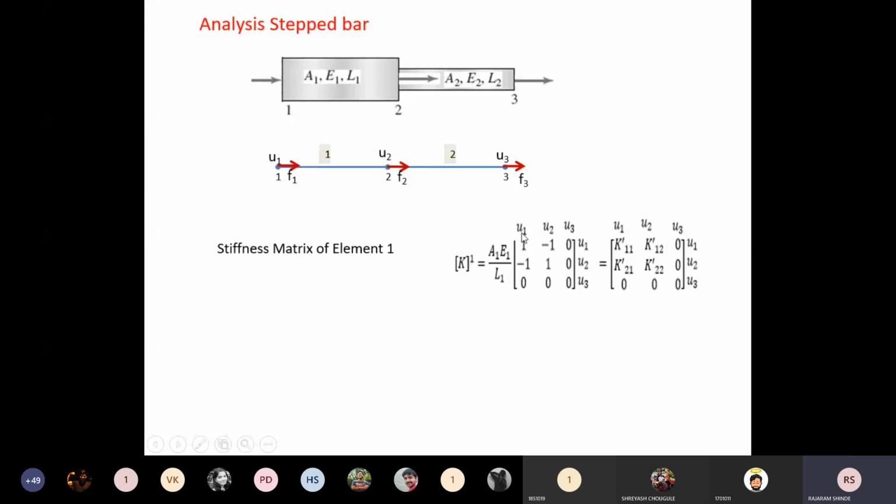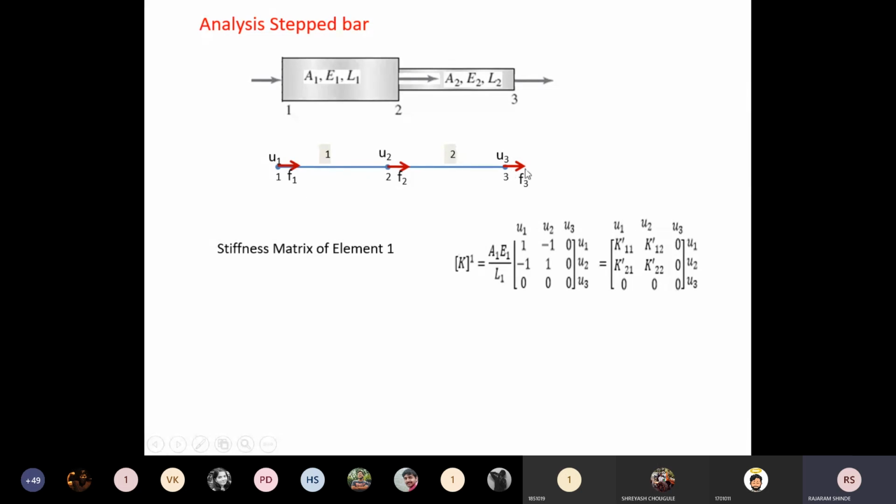You see this one. Now this is A1 E1 by L1. Now node number 3 is not connected to the element number 1. That is, it is away from the element number 1. Element number 1 is connected with node number 1 and 2.